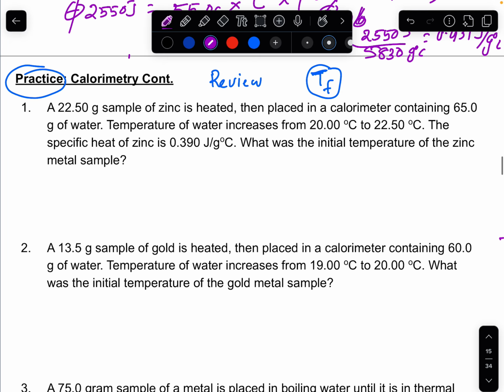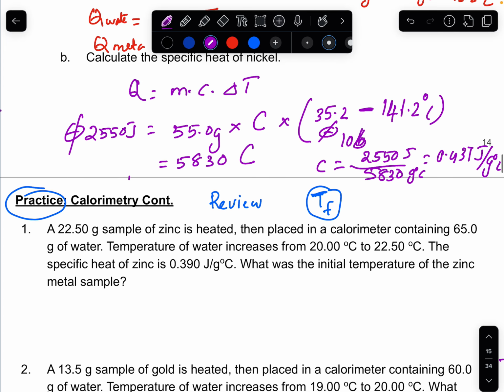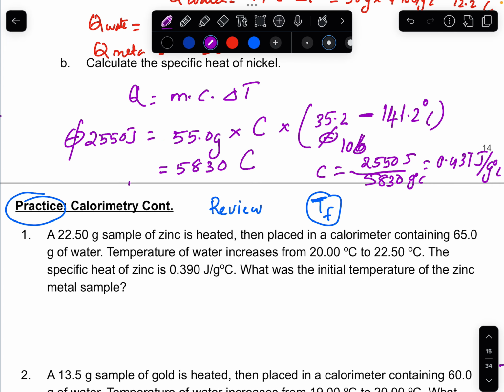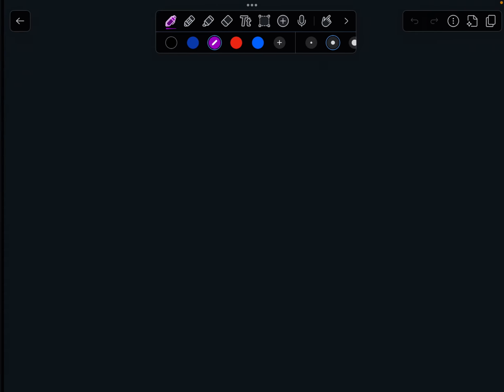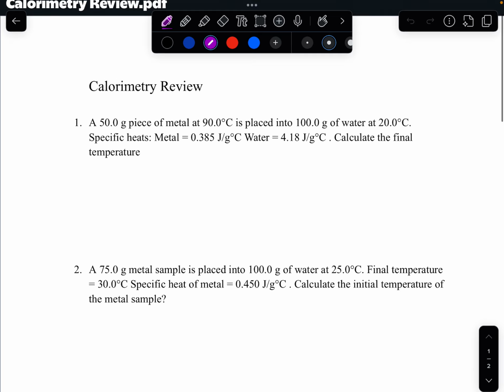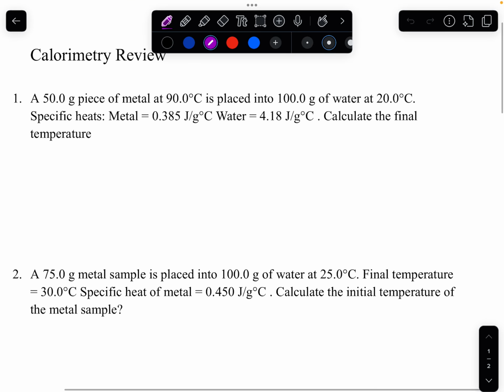Okay, so this one doesn't cover some of the questions I already mentioned, so I'm going to do that now. Let me go back and see if I can find it. I'm going to do these questions, which are the calorimetry review. I made one, it's easy for you. Let me get it.